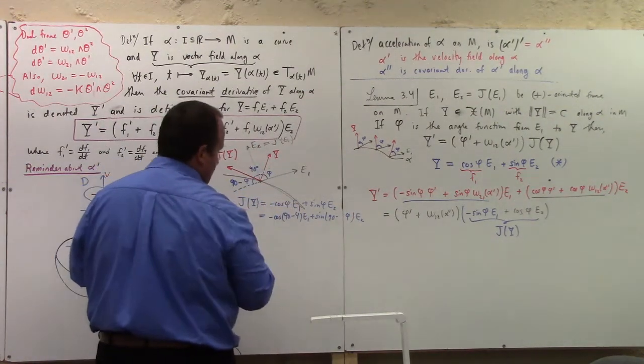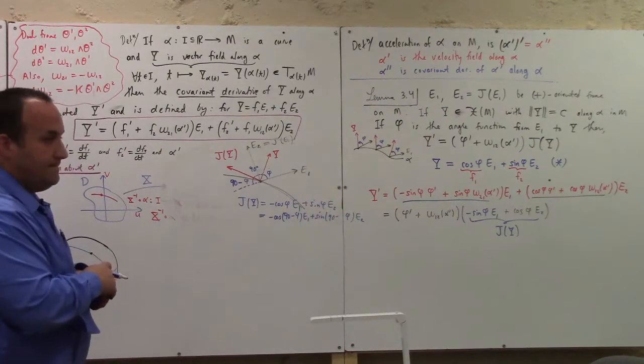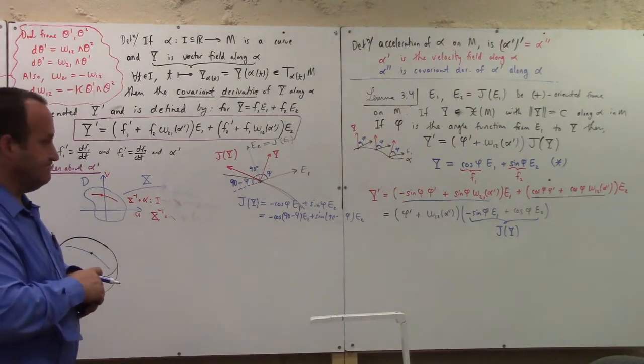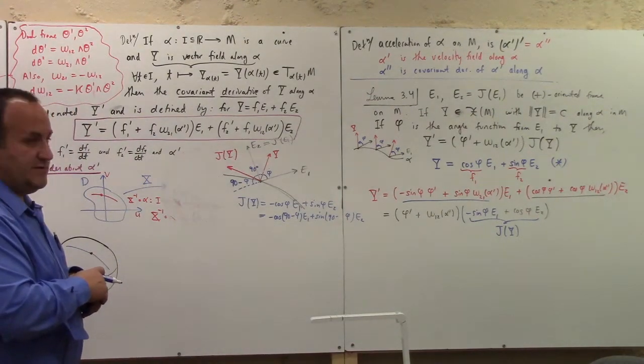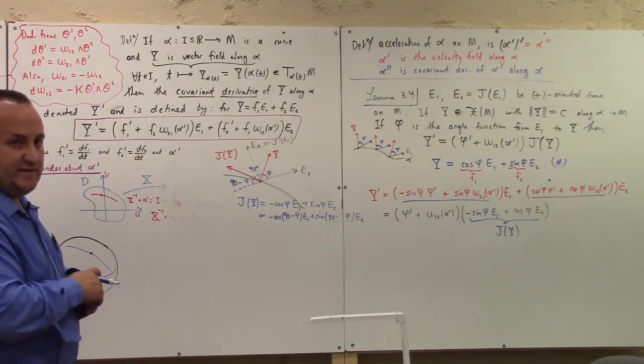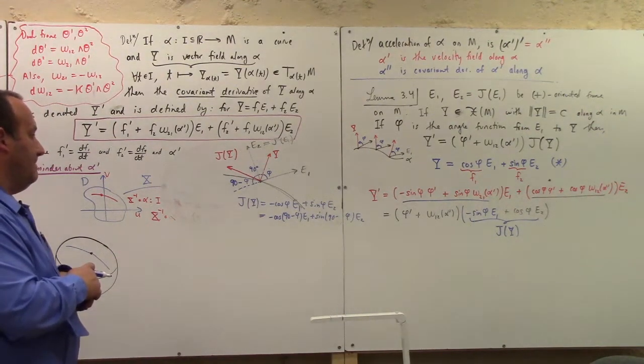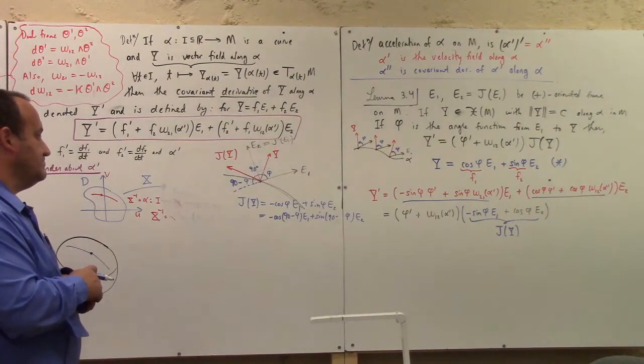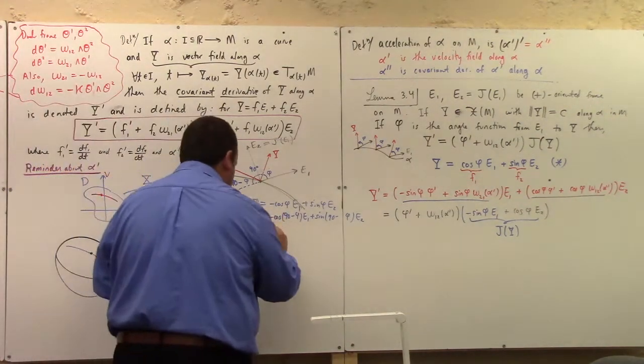What's cosine of 90 minus phi equal to? It's sine. I believe that is minus sine of phi.